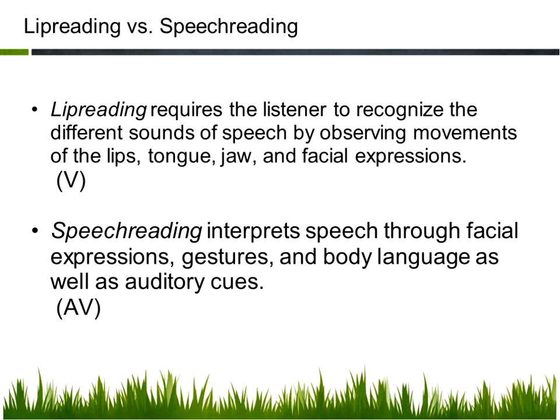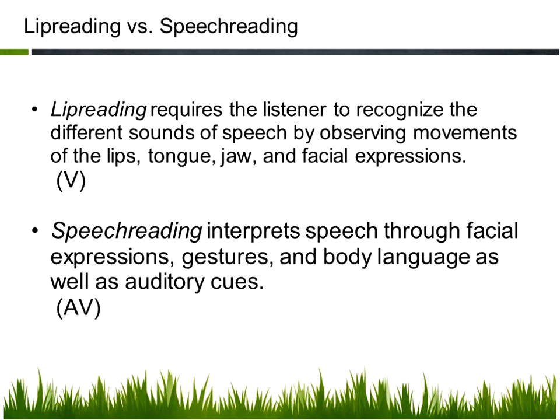It is important that we make a distinction. Lip reading is a lay term that you often hear people use. He's a good lip reader. Lip reading requires the listener to recognize the different sounds of speech by observing movements of the lips, the tongue, the jaw, and facial expressions. So it is visual only information.